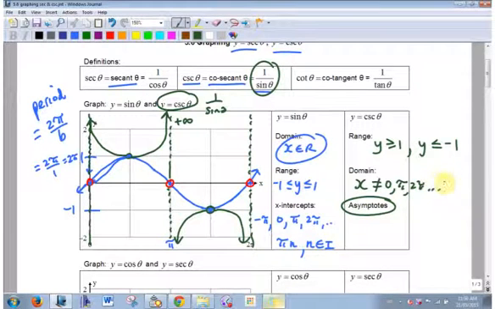X is not equal to n pi, or pi n, where n's an integer. It's good everywhere else, okay? Just not at those points where my original function was 0, because I can't do 1 over 0, restricted value. So where's my asymptotes?